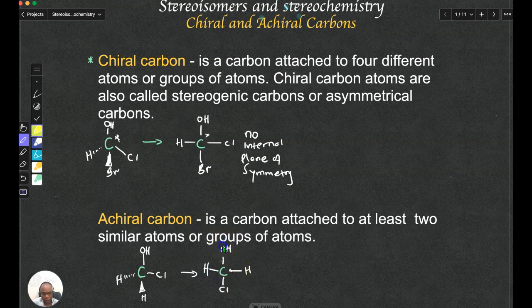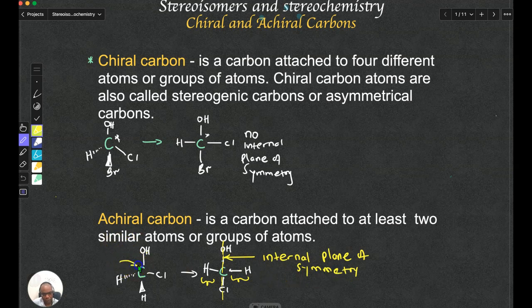Notice that I can easily cut it vertically like this. The hydrogen is reflected on the left side. So this line I've drawn right here, that is what we call internal plane of symmetry. And that carbon is said to be achiral.